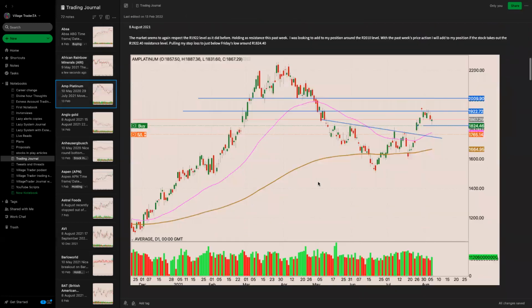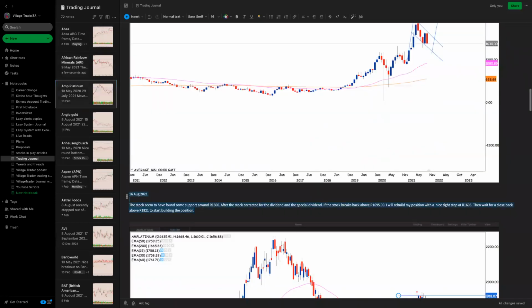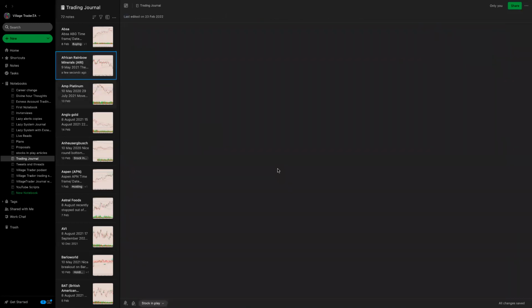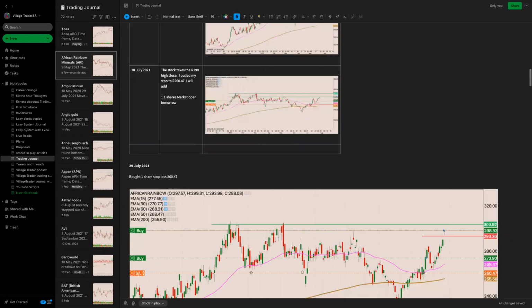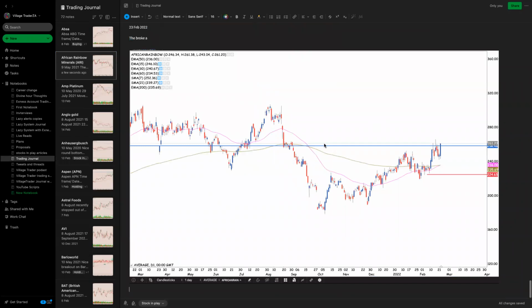It would be something like this: some annotations on the chart. Normally I would do that, but if I do that with every opportunity we find, we're going to quickly run out of time. So I'm just going to drop the chart. I'll come back to that annotation a bit later.